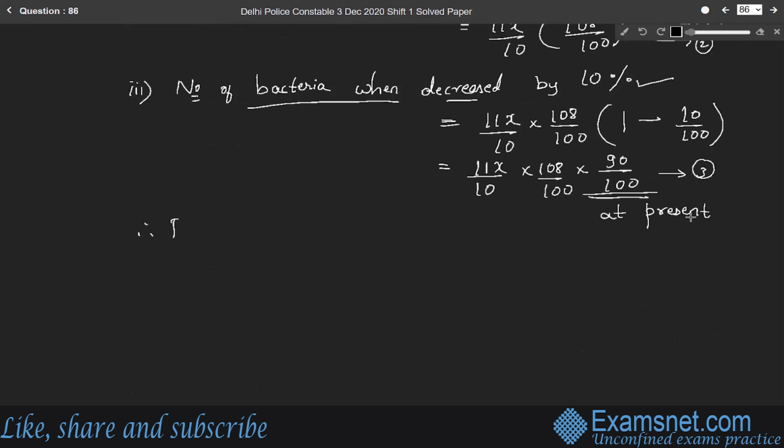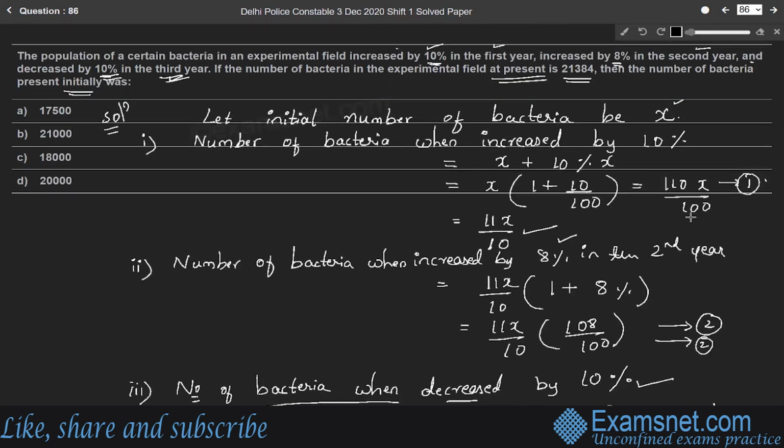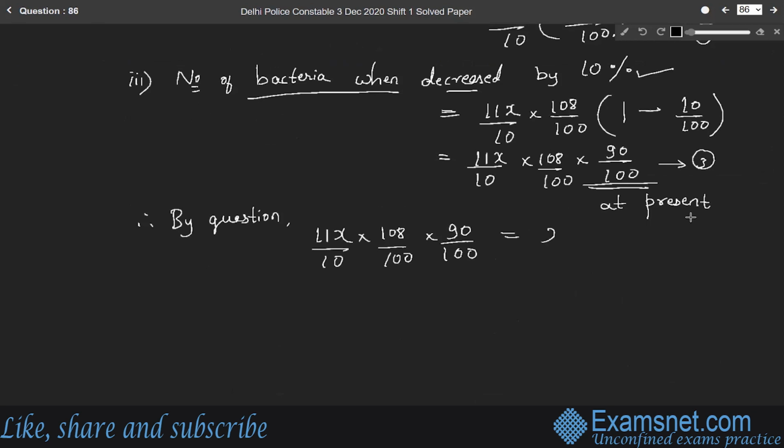Therefore, by question, 11x by 10 into 108 by 100 into 90 by 100 is equal to number of bacteria at present, 21,384. So based on this, we have to find the value of x, that is initial number of bacteria.